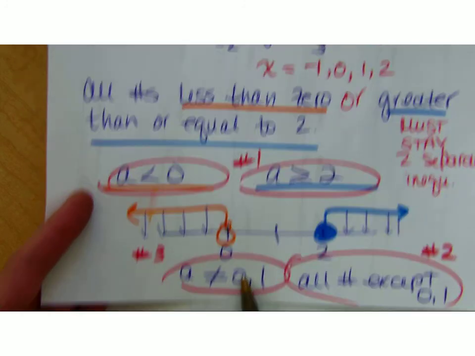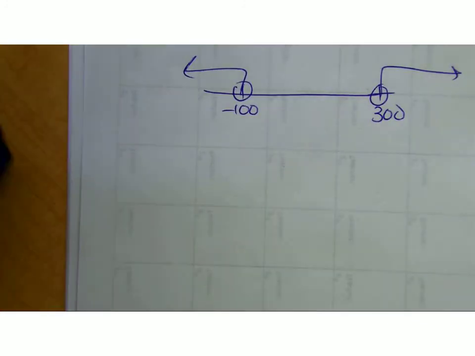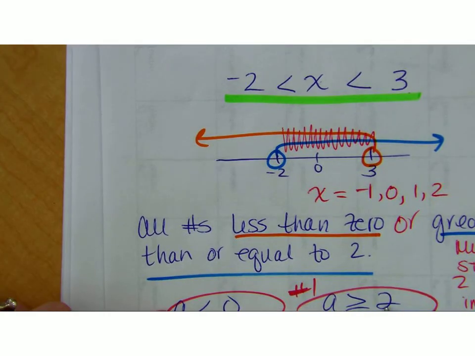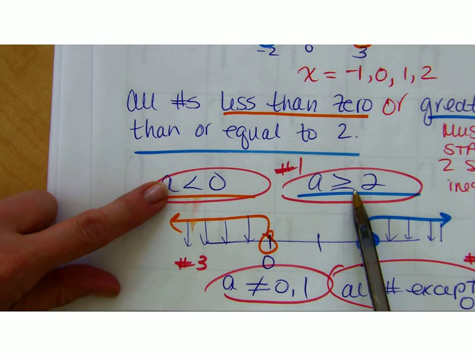If you're listing 50 numbers, forget about it. That is plenty right here, okay? So that's the deal with that. All right, so that is writing and that is graphing. Next, we're moving into solving.